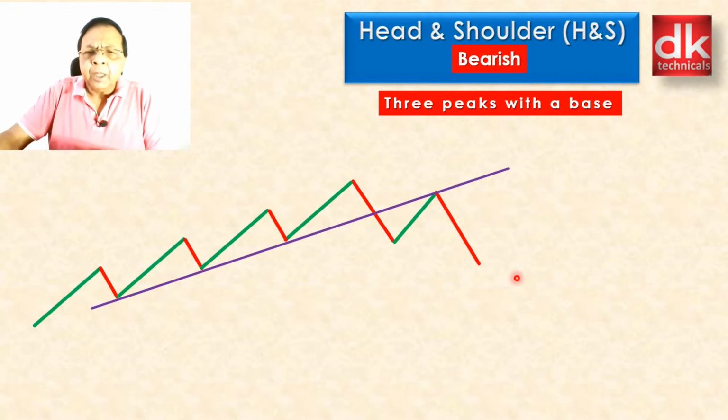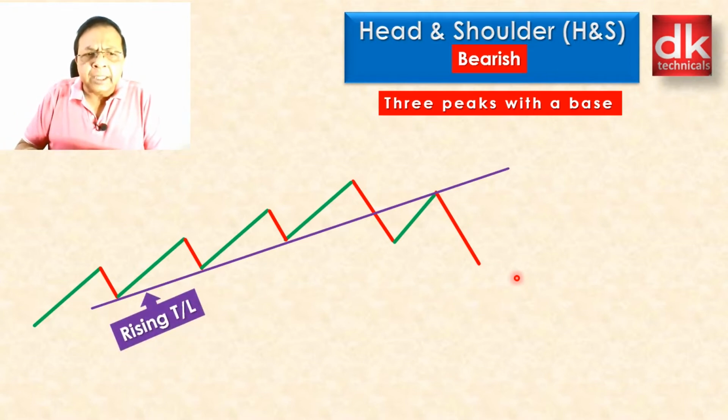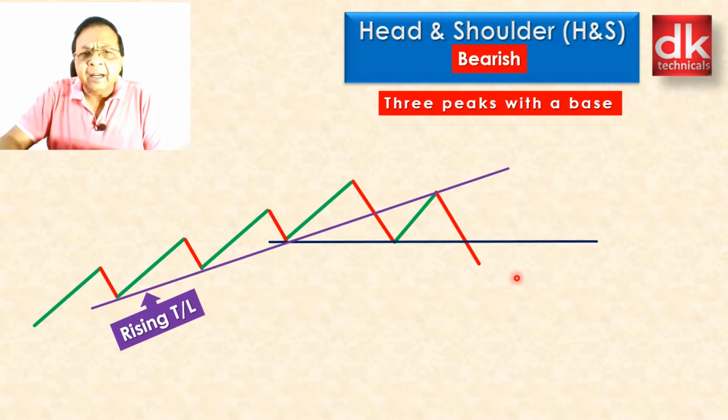So friends, let me draw this: this is the rising trend line and this is the neckline, where I explained a little while ago that we join this point where price started rising, and this is the point from where the price started rising to form the right shoulder.